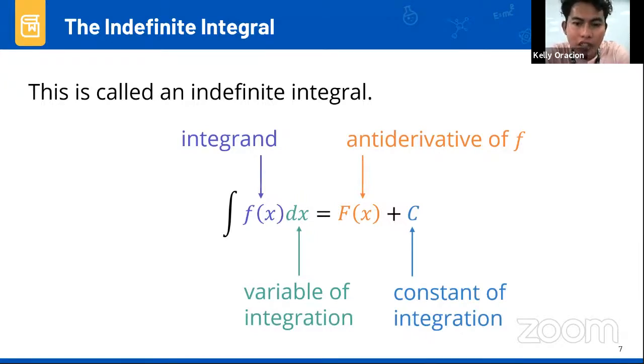The capital F is already the antiderivative of f(x). It would not matter if we used a small letter f again, but to emphasize that it is the antiderivative, we use a capital letter. The letter C is what we call the constant of integration. Okay? And class, please take note of this one.